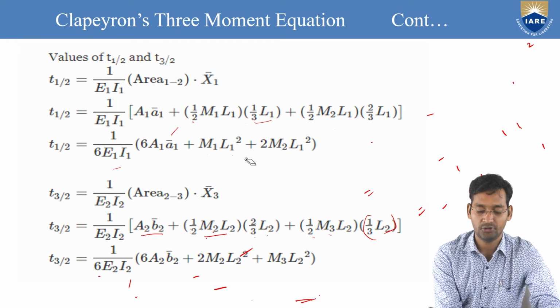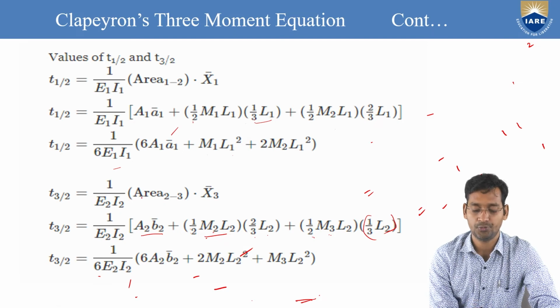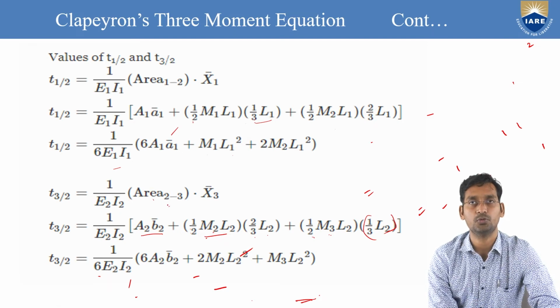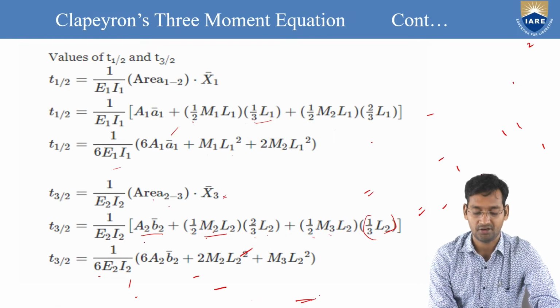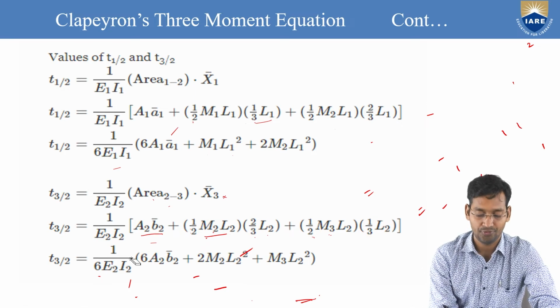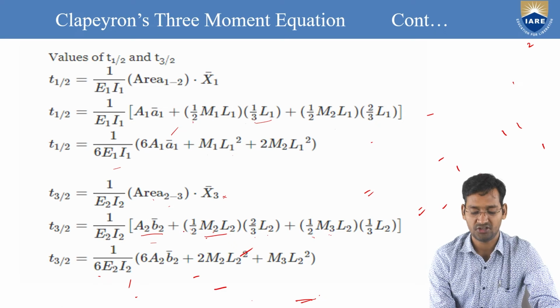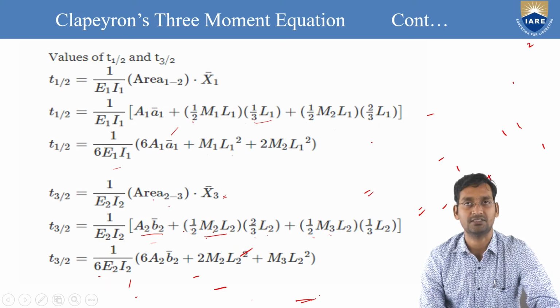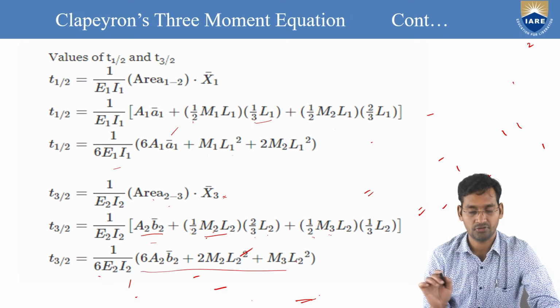So now we have T122. Similarly T322, that is 1 by E2I2, similarly area A2, and here X3. Again, similarly you have to put in the values and you will get the T322 value. Once you have the T322 value, after simplification, multiply and divide by 6 so that it will be in this form.